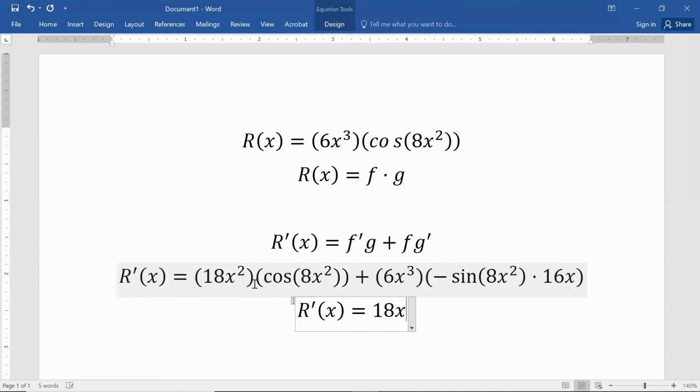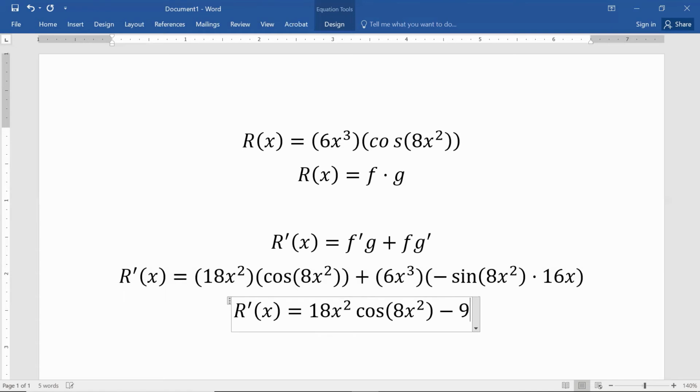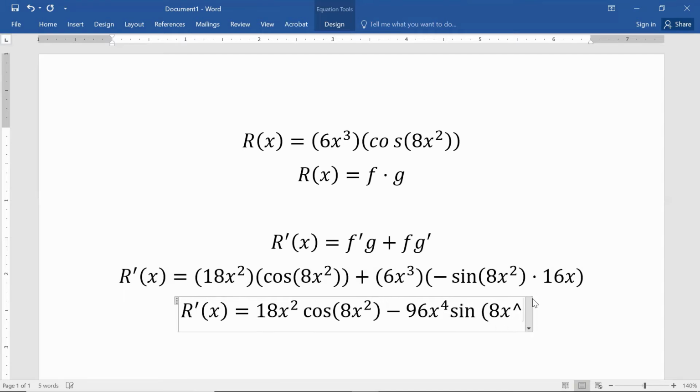So just take 18x squared times cosine of 8x squared plus, so we have a negative sign, a 6, and a 16. If you take 6 times 16, you get 96. So we get negative 96x to the fourth multiplied times sine of 8x squared.